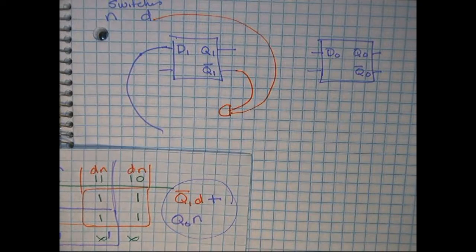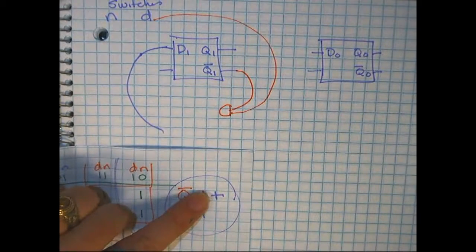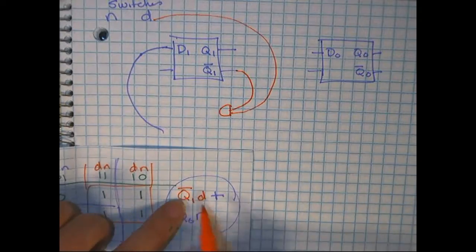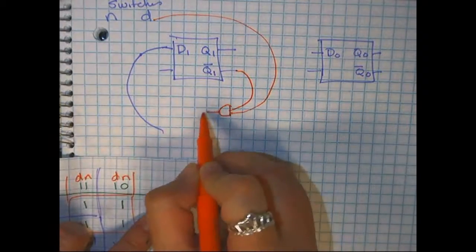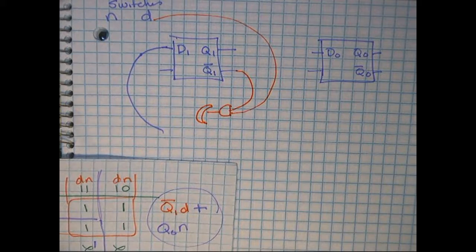All right. And then what's this? That's an OR, right? So coming out of this, I need to OR that with this other one. So I need a Q0. Where is that coming from? The other flip-flop over there.